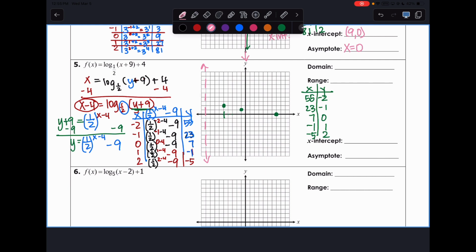Put it into your calculator, right? Put in -6 for x, -5 for x, -8 for x, and see what happens, okay? All right, here we go. So it looks like we're gonna be climbing.